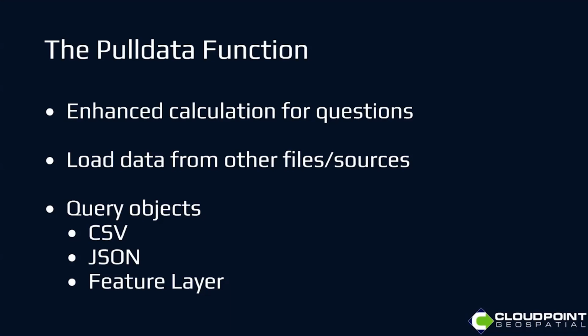So, to elaborate on that, we'll show some more uses for this. But yeah, calculation of questions, and really the big thing is loading data from other files or sources.